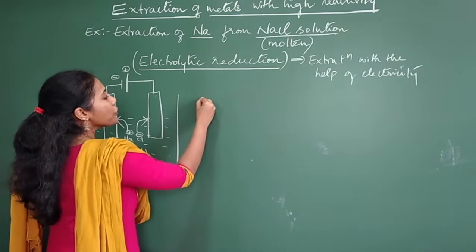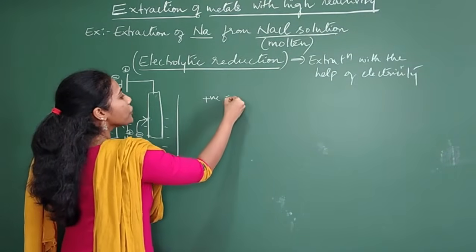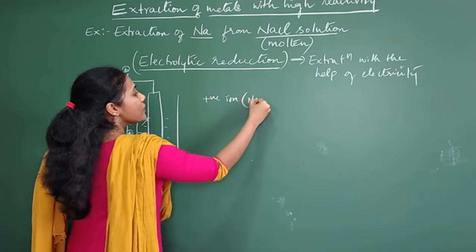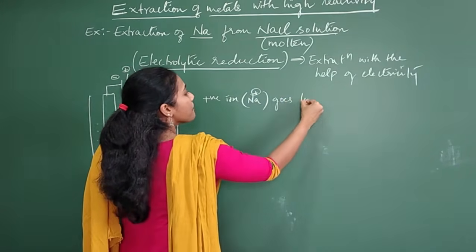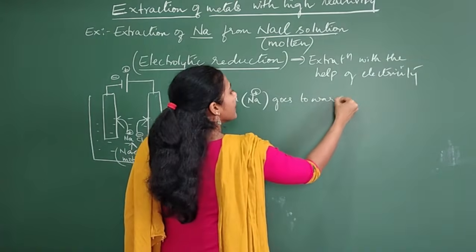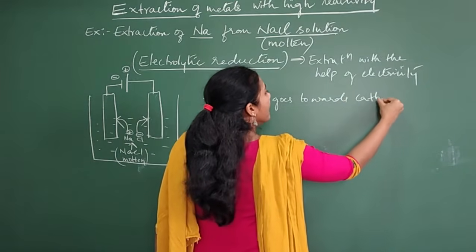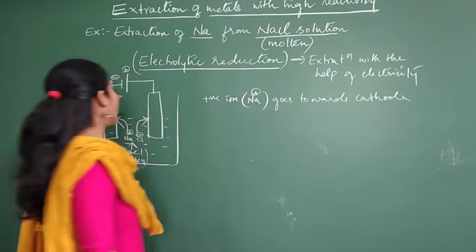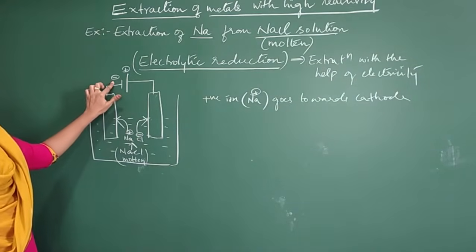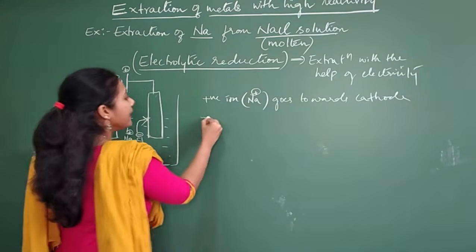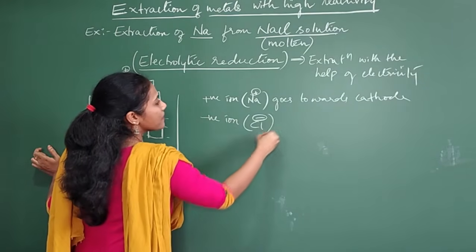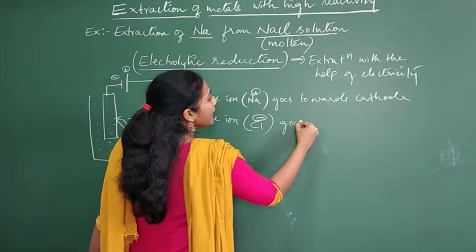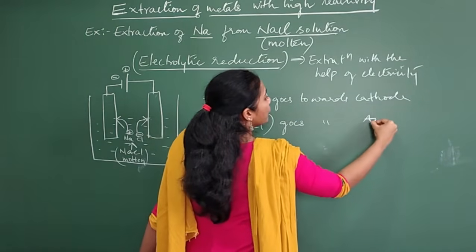Remember, positive ion, that is our Na plus ion, goes towards the cathode. Why cathode? Because cathode is the negative terminal. And the negative ion, which is the negative ion here? Cl minus. Where does it go? It goes towards the anode.